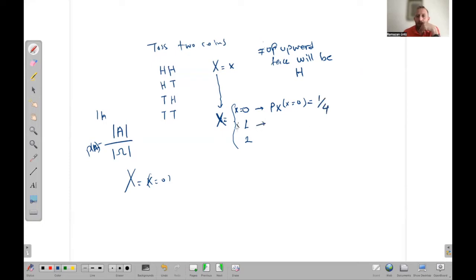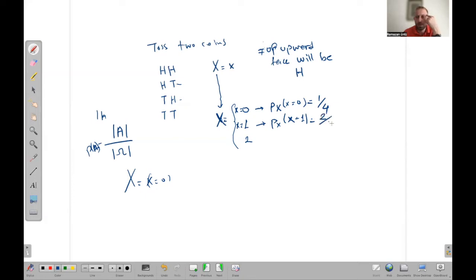If x is equal to 1, in this case my probability is going to be 2/4, because there are two outcomes valid for this equality, and I have four possible outcomes.